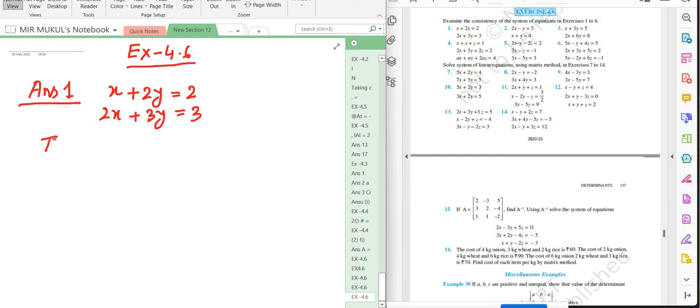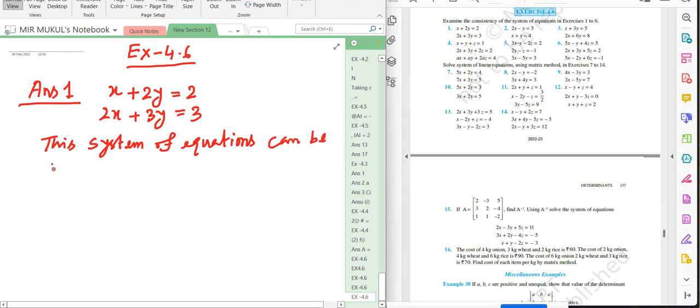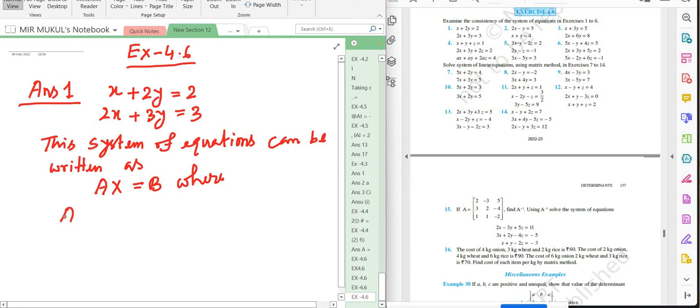Now this system of equations can be written as AX equals B, where A equals the coefficient matrix.